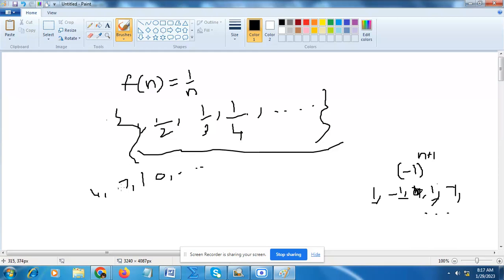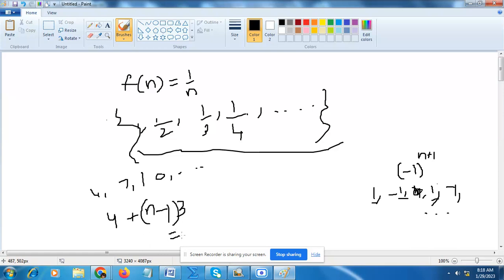So the difference: 7 minus 4 is 3, 10 minus 7 is 3. If the difference is the same, then it is in the form of arithmetic progression. For arithmetic progression, the nth term is a plus n minus 1 into d. Here a is 4, d is 3.